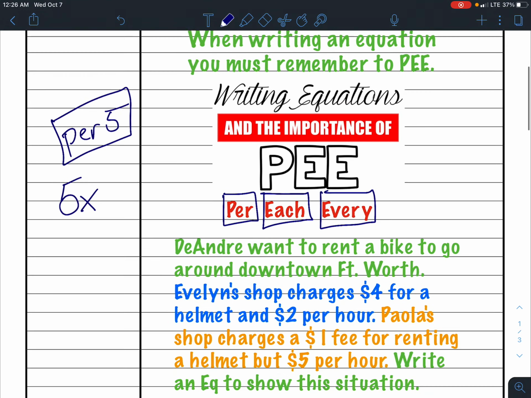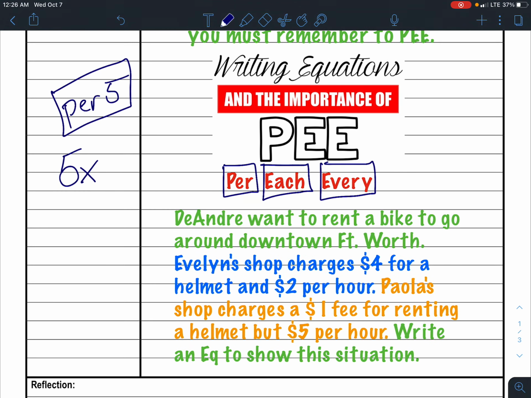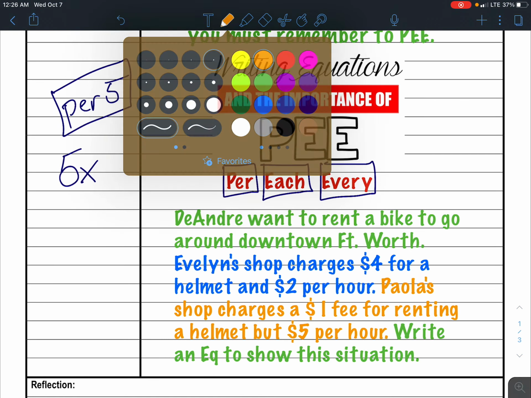So here's an example of what you guys are going to be expected to write and then solve. So DeAndre wants to rent a bike to go around downtown Fort Worth. So Evelyn's bike shop charges $4 for a helmet and then $2 per hour for him to rent the bike. So right off the bat, I see one of my keywords.